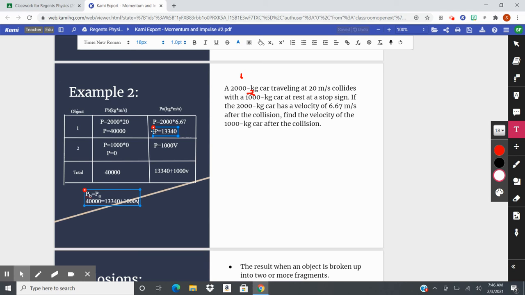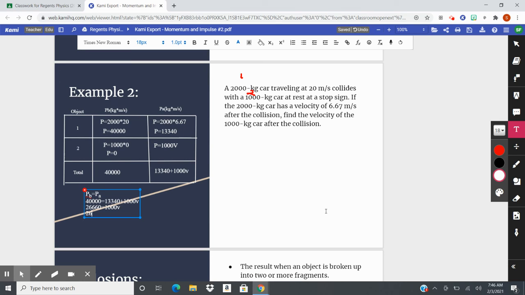Now we can solve. Let's subtract the 13,340 over. Subtracting the 13,340, we are left with 26,660, which is equal to 1,000v.